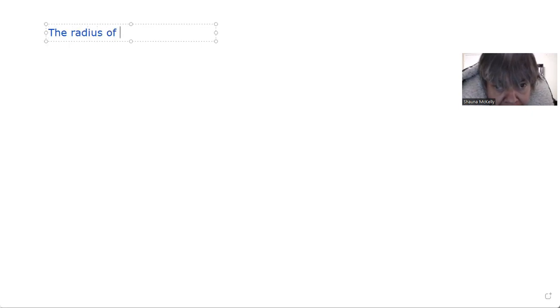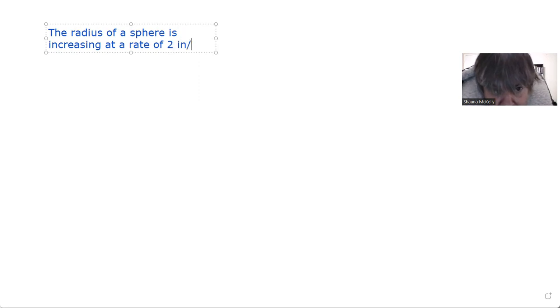And I'm going to put up a pretty basic problem. This is not as hard as they could get, but just to get us started with discussing this. Let's say we have this. The radius of a sphere is increasing at a rate of 2 inches per minute.